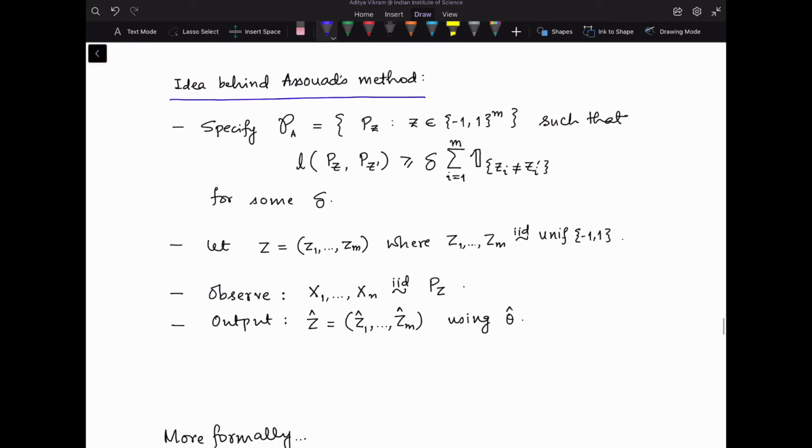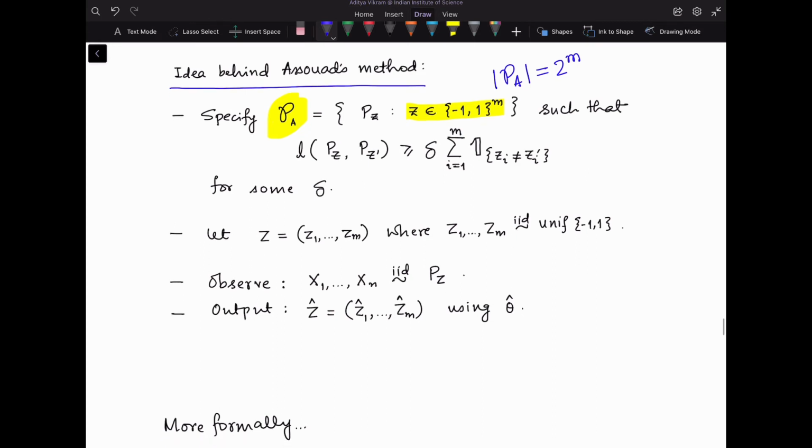So in Assouad's method, again, it's based on this hypothesis testing method. So we create a family of distributions, a finite family, right? And we label each distribution using this plus minus 1 vector of dimension m. Right? We are free to choose this m. So the total number of hypotheses, right, is 2 power m.